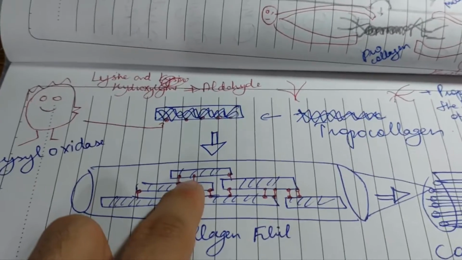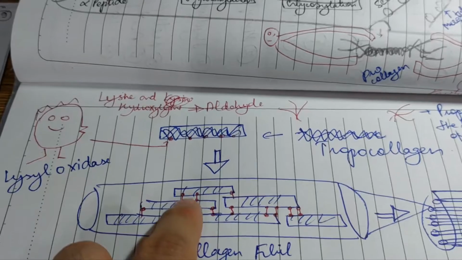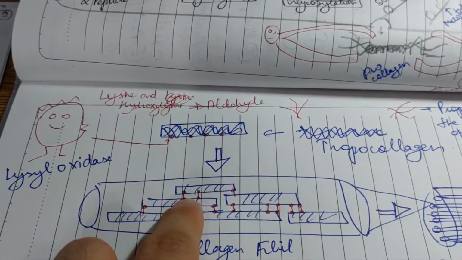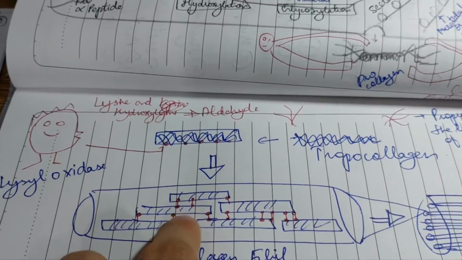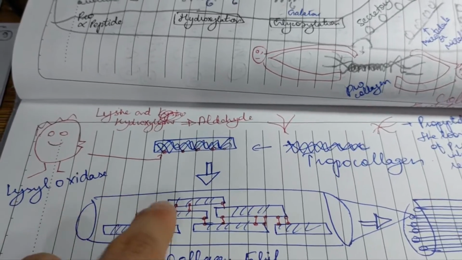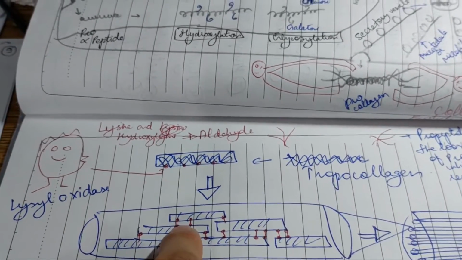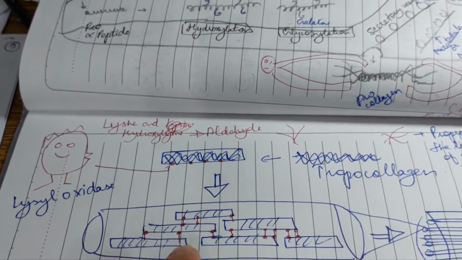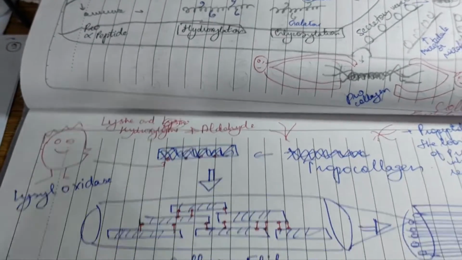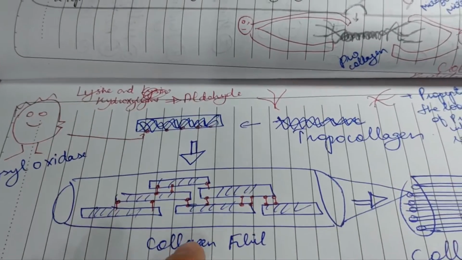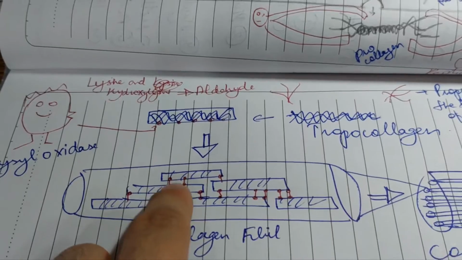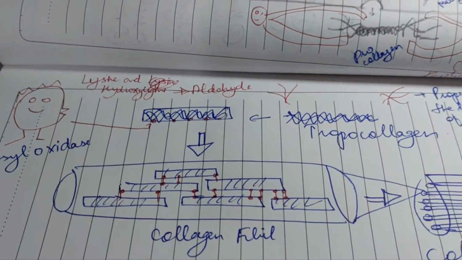As a result, the aldehydes of respective tropocollagens will form strong covalent bonds among themselves.